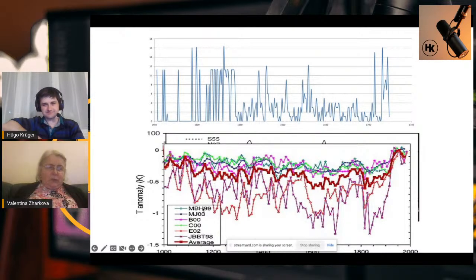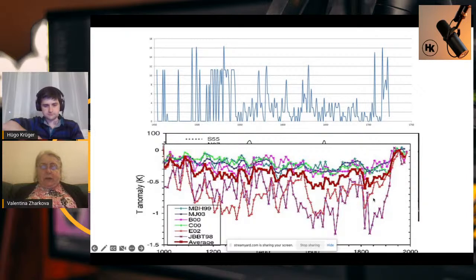This is the temperature observations by different observers, again from the 11th to the 20th century. And look at this 15th, 16th century. Normally when you have a minimum, if there is a Spörer minimum as they claim, the temperature normally drops on the Earth.